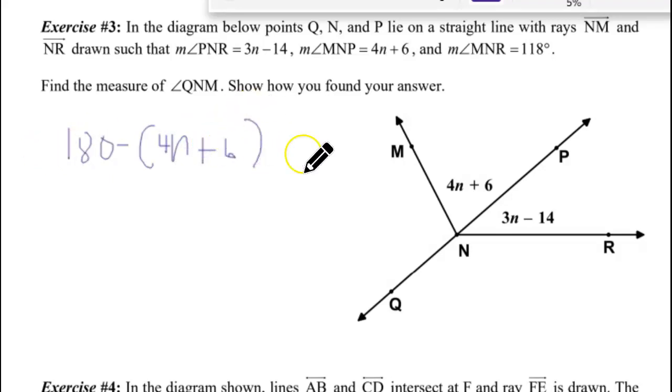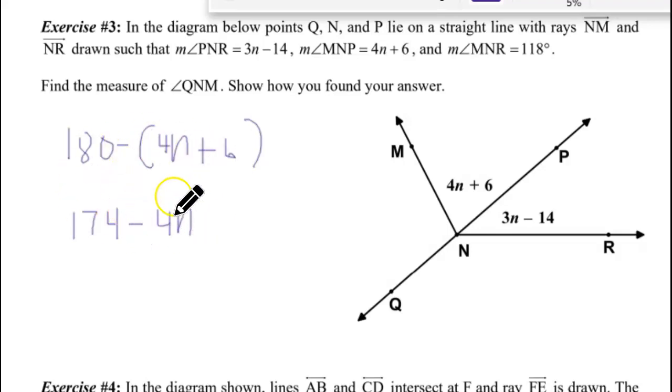So we're going to simplify that. That's 180 minus 6, which gives us 174, and then minus 4n.